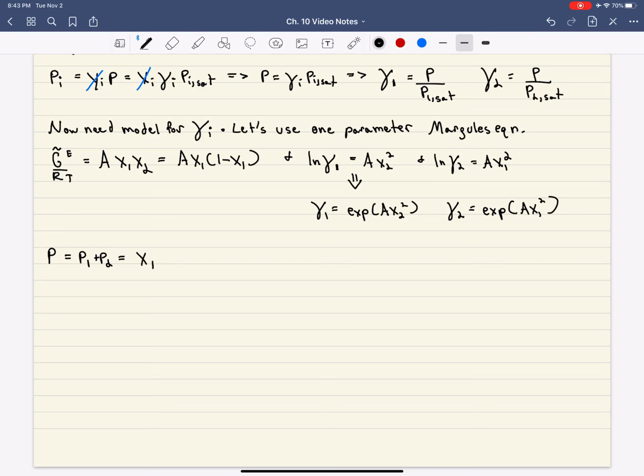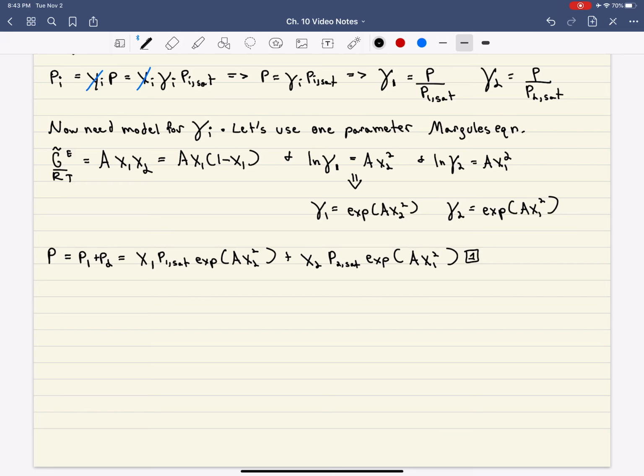If we plug in both the modified form of Raoult's law and the result we got from the Margules equation, we get this somewhat long equation.